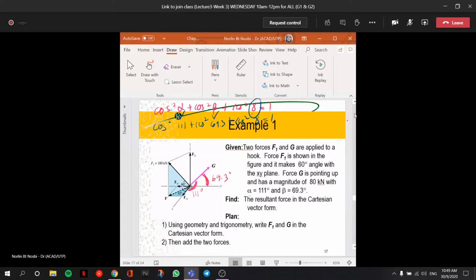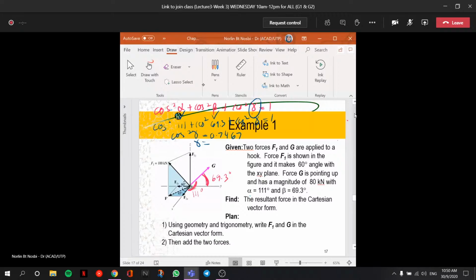Then you will get cos square gamma equals 0.7467. Then you rearrange this equation, so you will get gamma equals 30.22 degree.